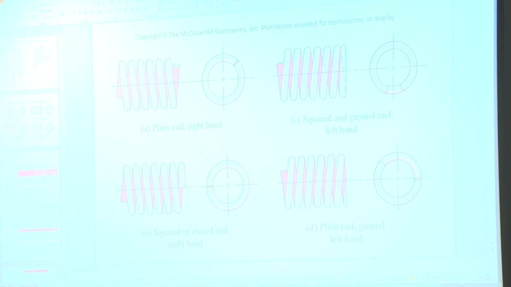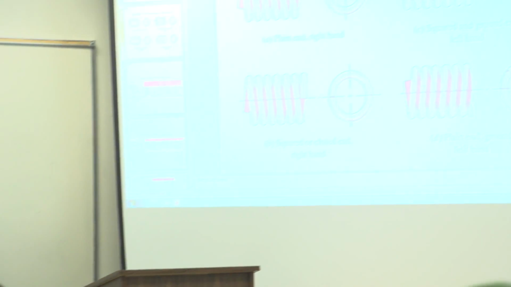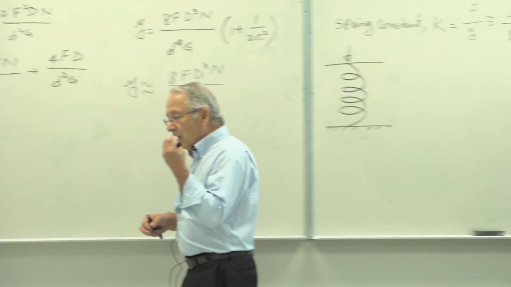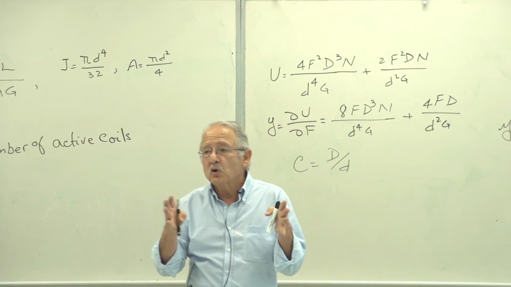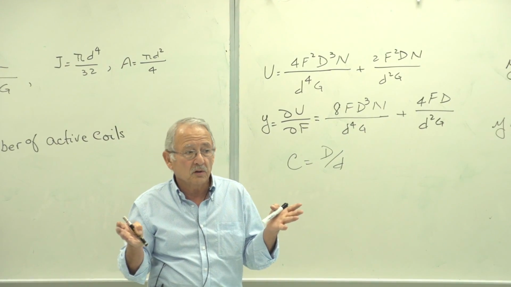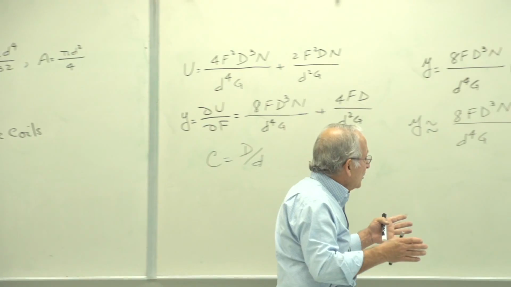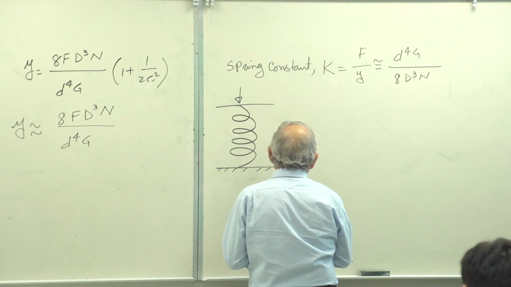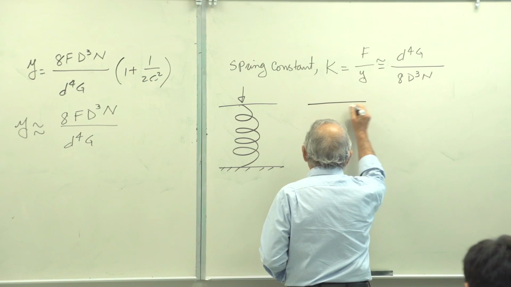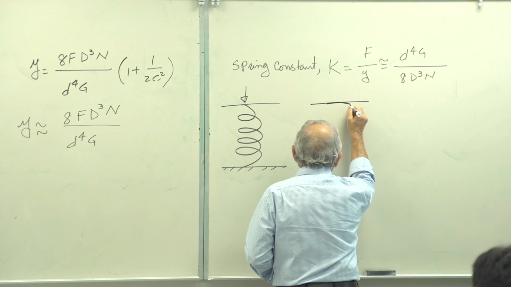The result of all of these is that a part or all of one of the end coils, or both end coils, sits flat against this plate. So if I have a squared or a squared and ground spring, it will look like this.